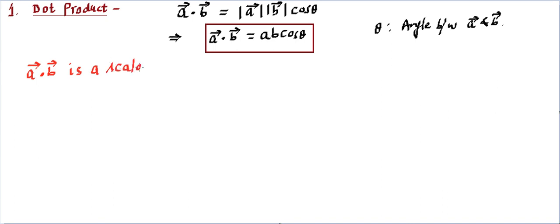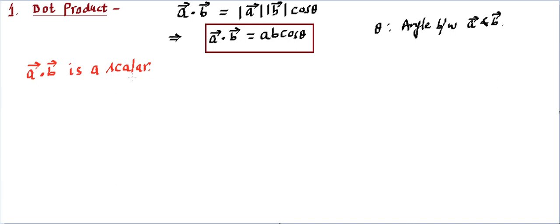Now it's different than the case of scalars. We have seen the example, if we multiply two numbers we get a number in return, right? But this is not the case in this particular product. If we are multiplying two vector quantities in this dot fashion, we are not going to get a vector quantity, rather we are going to get a scalar quantity.